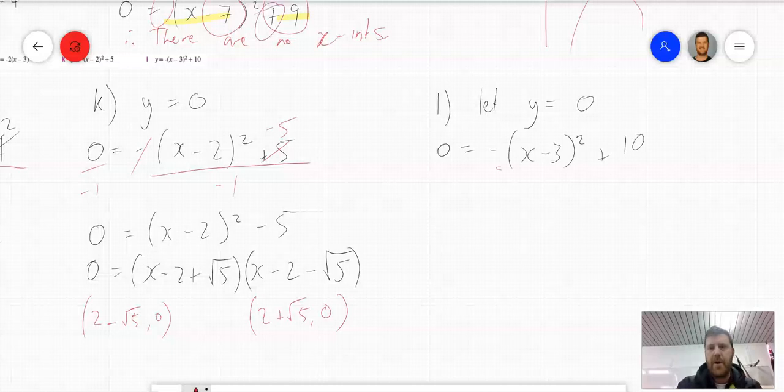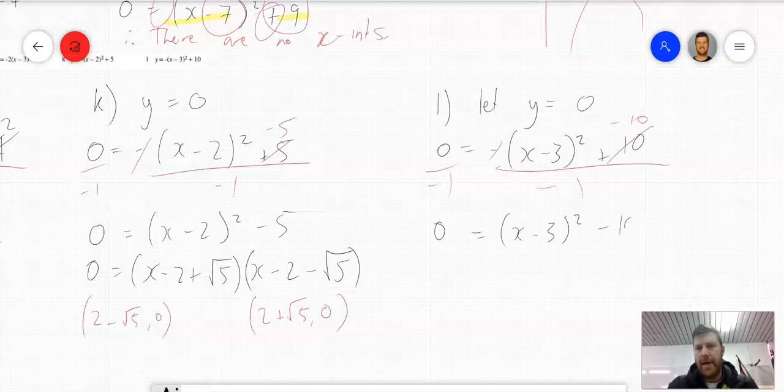Again, we're going to divide by minus 1 on both sides because we want to get rid of that negative value of minus 1. So that's then gone. This becomes minus 10. I'm then left with 0 equals x take 3 all squared, take 10. Again, we can factorize that now because there's two terms there that are separated by a minus sign.